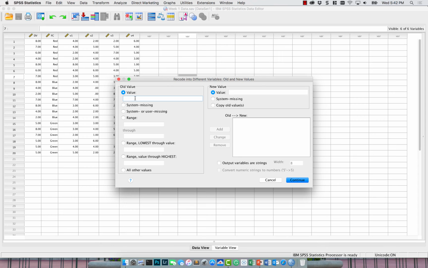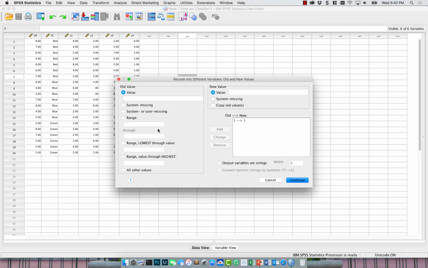So I'm going to say old value equals 1, new value equals, what do you think? Red is 1 in the data, so if the old value is equal to 1, the new value is going to be equal to 1.